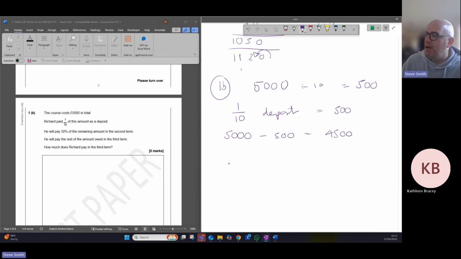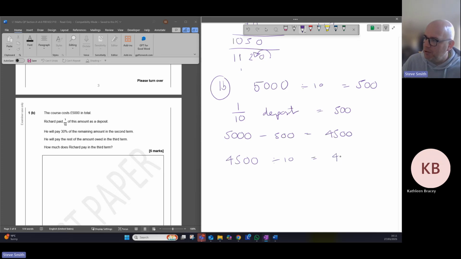Well, no, we're still working with 10 because, like I just said, if we need 10%, we divide it by 10. If we need 20%, we get 10% and times it by 2. So if we divide by 10 again to get 10%, let's knock a naught off.